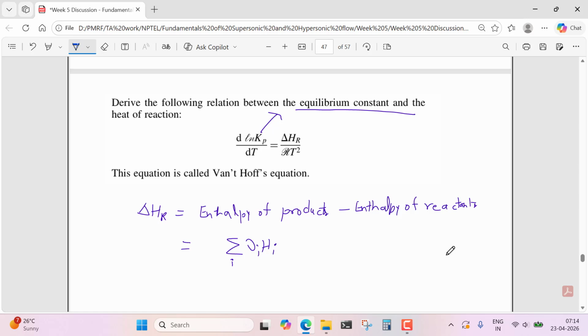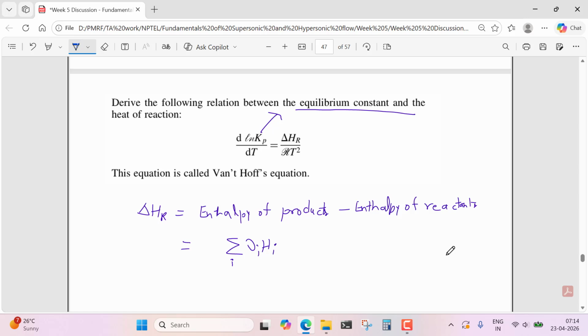Now we will see one more derivation, for the van't Hoff equation. I will read the problem.